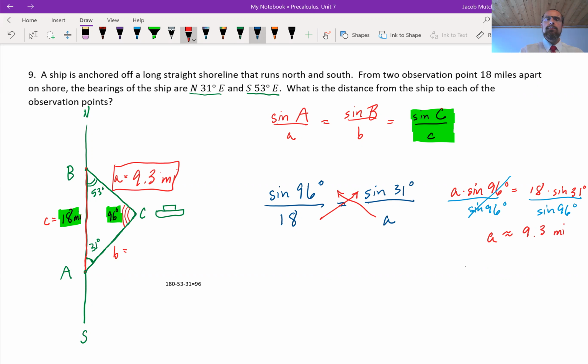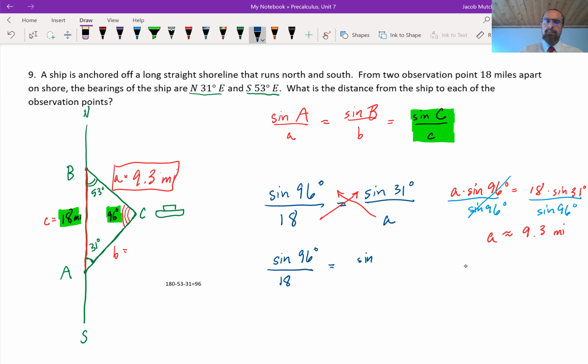So I'm going back to the law of sines, and I'm going to pick up, again, sine of C over C. That's the one that's complete, and it's not approximated. I could use sine A over A now, but that 9.3, we rounded it, whereas sine of 96 degrees over 18 miles is exact. So again, we're going to set this up for side B now.